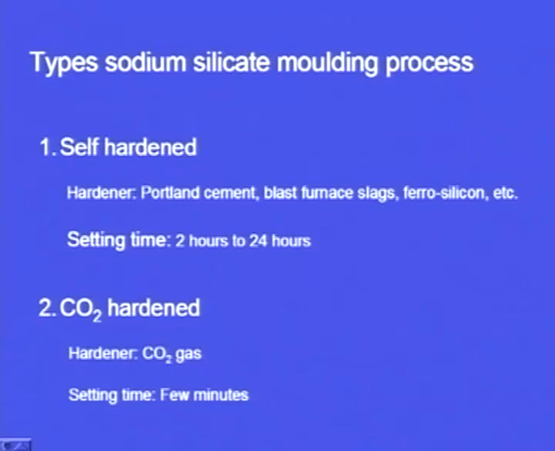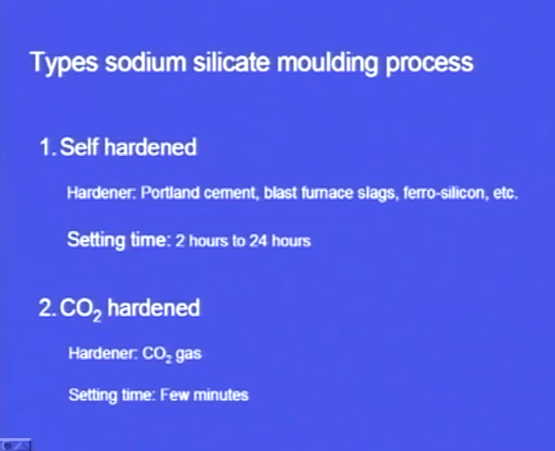This was developed long back, but later another process was developed, that is the carbon dioxide hardened sodium silicate moulding process, in which we mix the binder and for the hardening purpose we pass carbon dioxide gas.